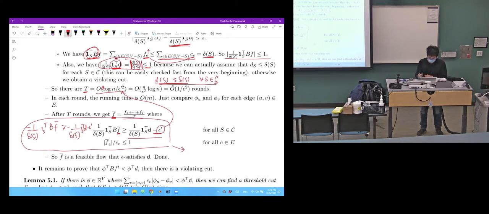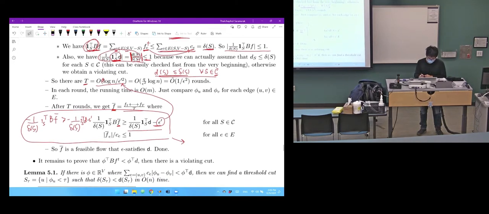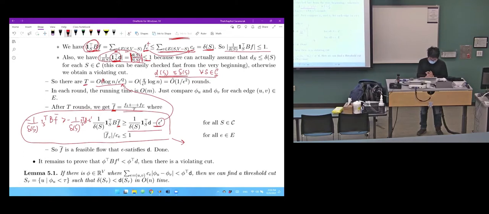It just implies that d_f(S) is at most f in the family, and it means that f bar, sorry, f bar epsilon-satisfies d.